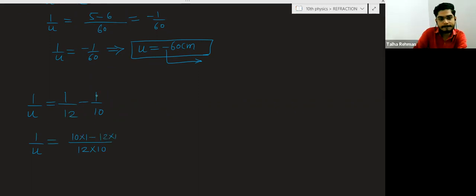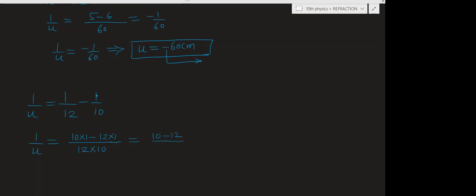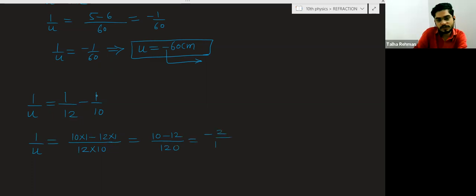So this is 10, this is 12. This will become 120. Here you will get minus 2. Here is 120, and when you divide 120 by 2, you will get this. And again you will get your answer as minus 60 centimeter.